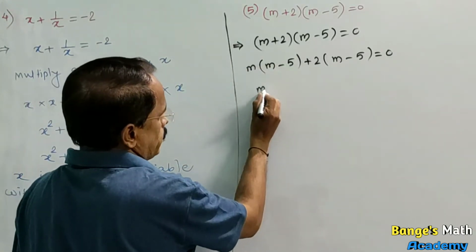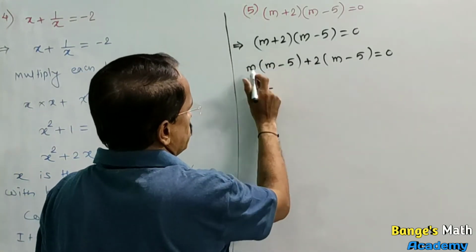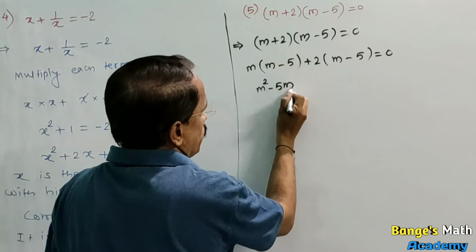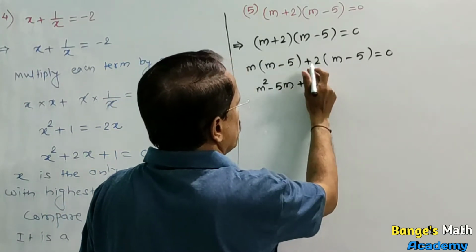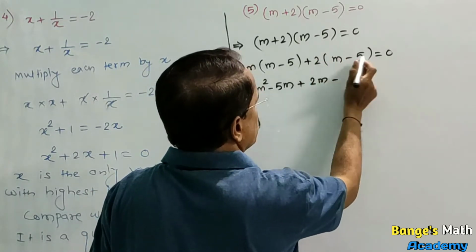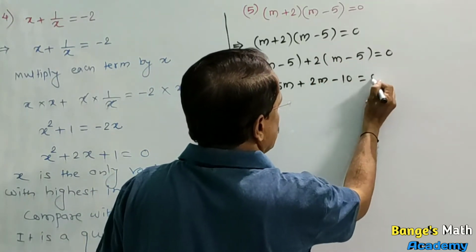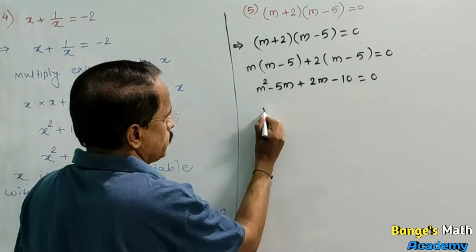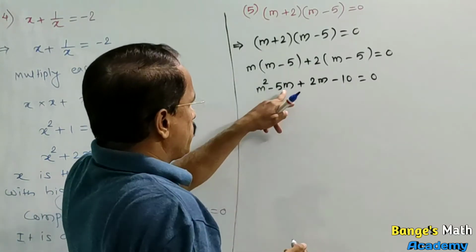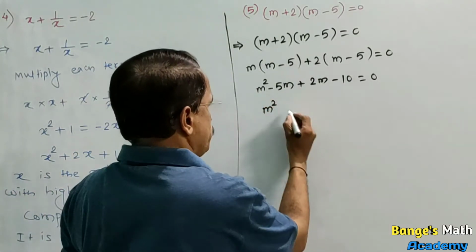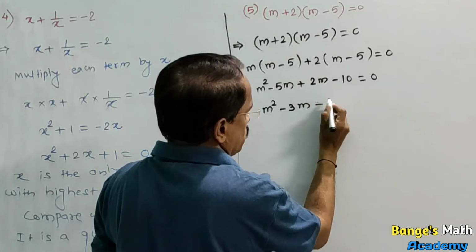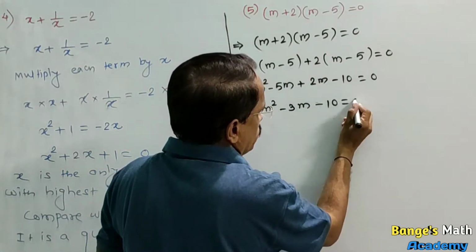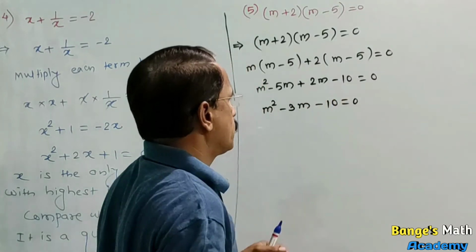M into m is m square, minus m into 5 is 5m, plus 2 into m is 2m, plus 2 into minus 5 is minus 10, is equal to 0. Simplify this. M square minus 5m plus 2m is minus 3m, minus 10 is equal to 0.